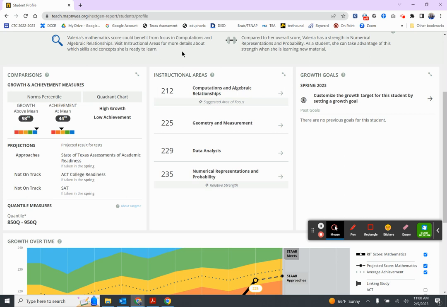And then it says compared to her overall school, the student has a strength in numerical representations and probability. As a student, she can take advantage of this strength when she is learning new materials. So it gives you where you need to help, where you can strengthen. You can set goals, but let's go into the instructional areas because this is a powerful piece of information.